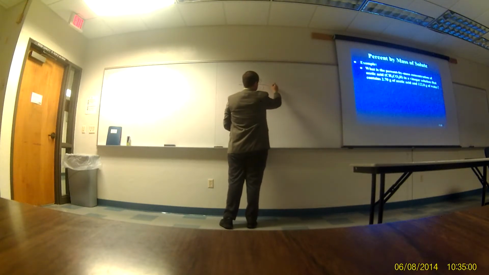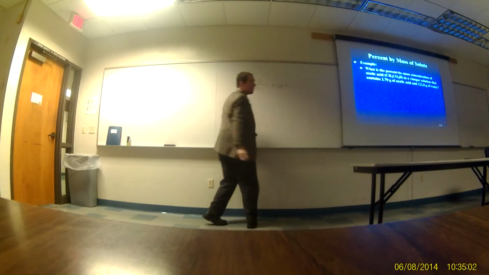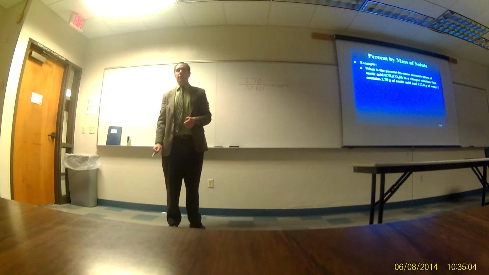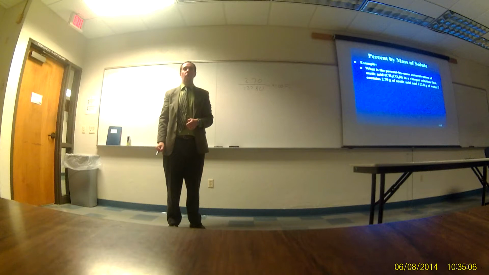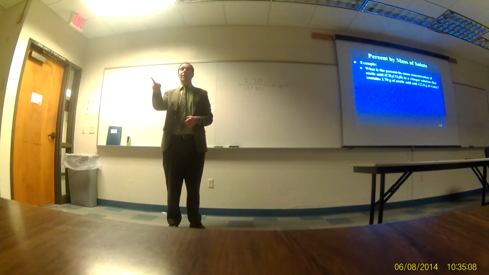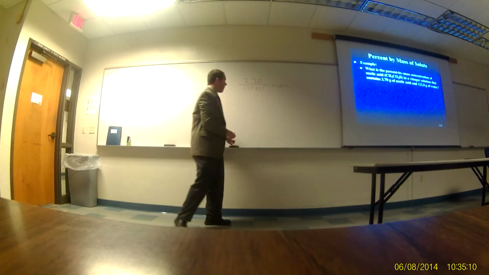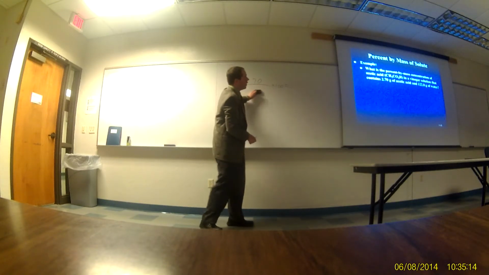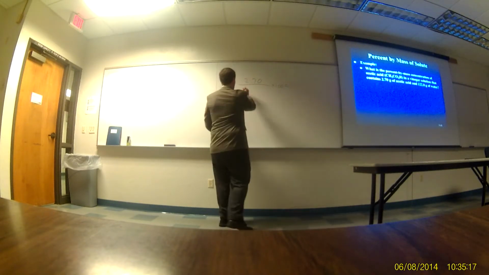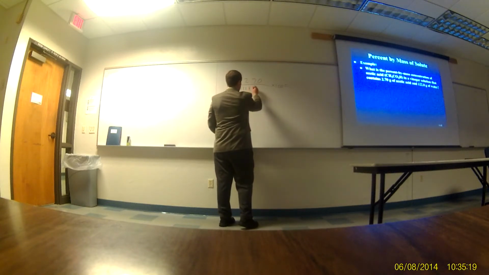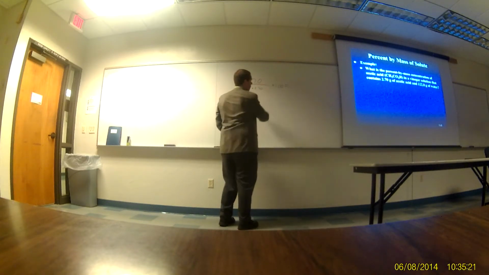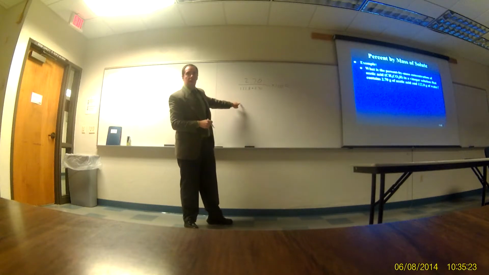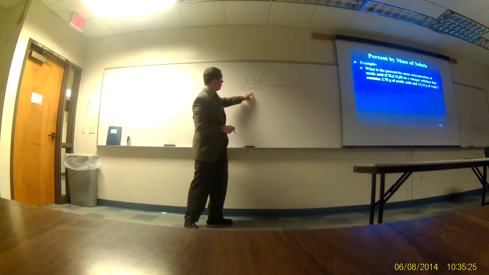Is that correct? Anybody say no? You have to add them. What's on the bottom is total mass. And so it's 122.8 plus 2.70. Make sure you get the total on the bottom. So what does that come out to be?